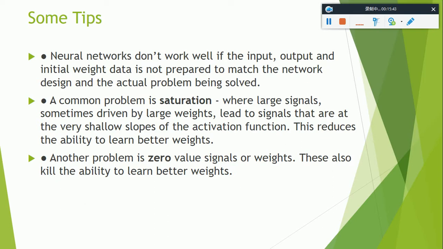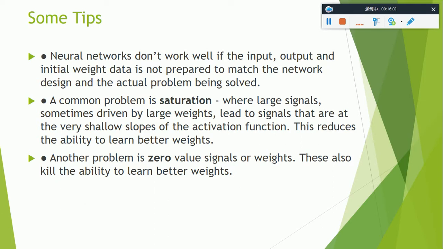Here are some tips. There are a lot of points you should pay attention to when you build your own neural network, and here I just give you some tips about how to do it well.